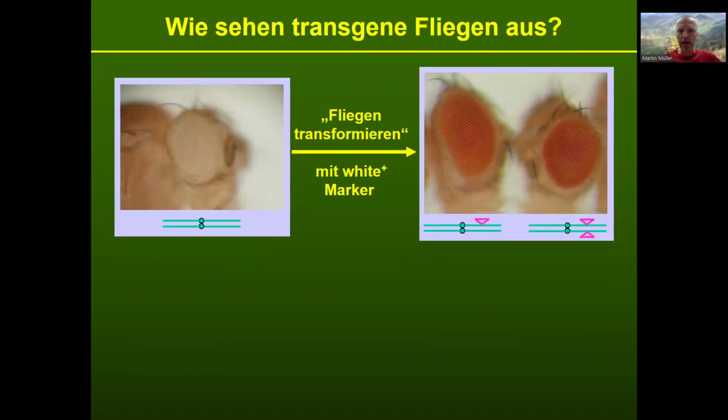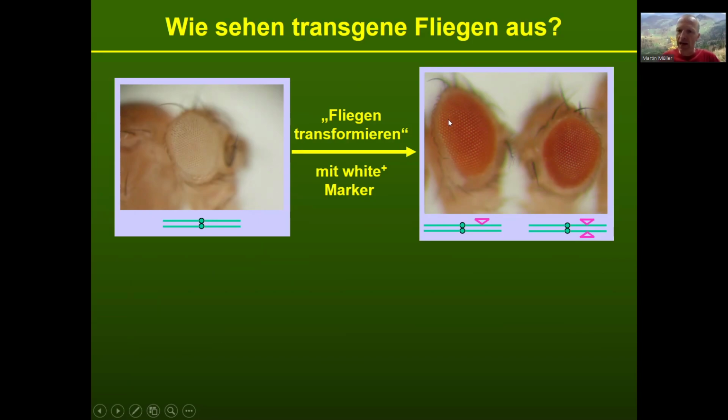How do these flies look? That's shown here on this slide. So these are the flies into which we have injected our P element vector, with white eyes. Then we do what I just showed you. We bring the DNA into the germline. We cross the resulting adults, and we get eye color back. You can see here I have drawn the homologous chromosome. There is now one insertion here which causes a clearly pigmented eye, which can be easily separated from this type of flies here.